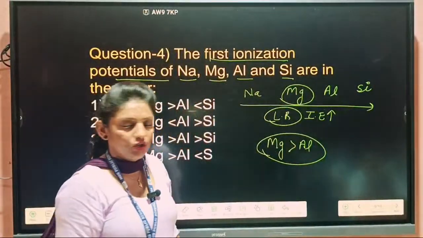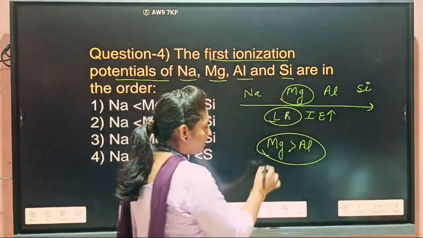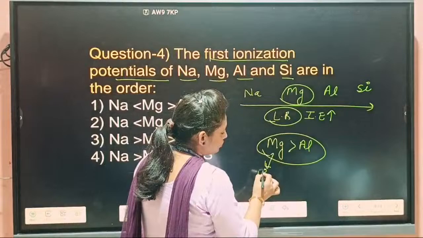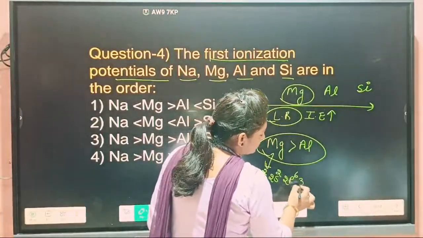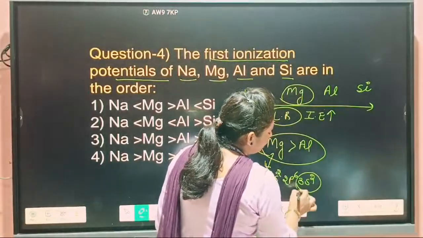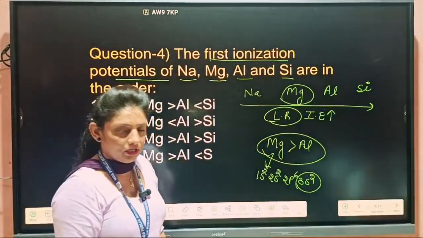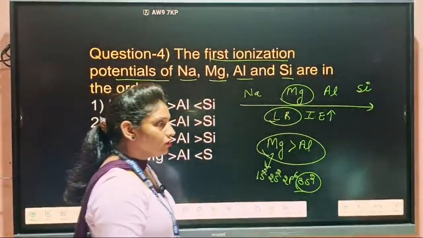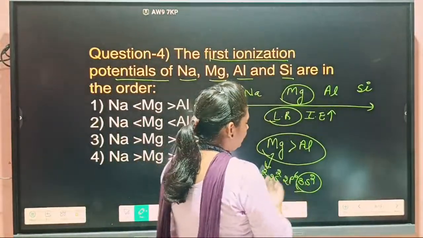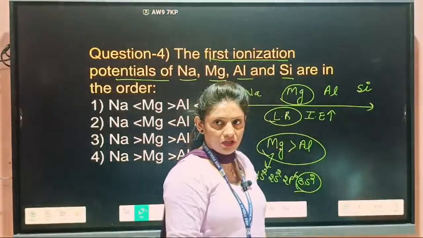Why is it so? Due to its more stable configuration, because it has the configuration 1s2, 2s2, 2p6, 3s2. Here the s orbital is the completely filled orbital. So this configuration is more stable. Due to the stability of the configuration, it has more ionization enthalpy as compared to aluminium.